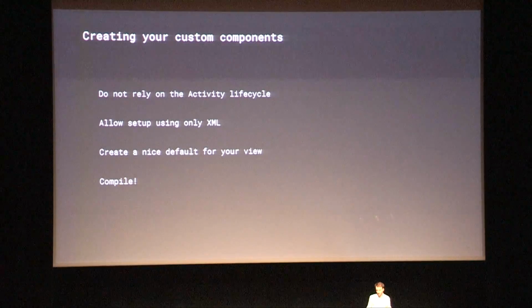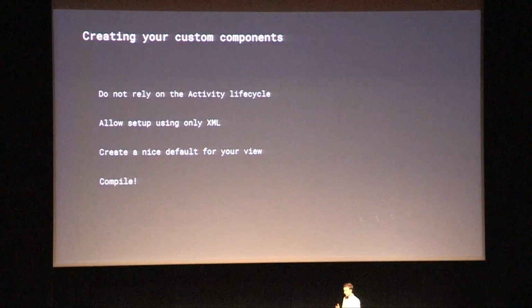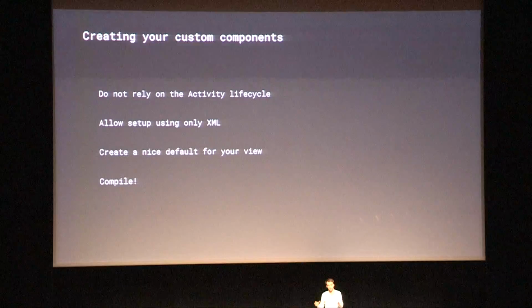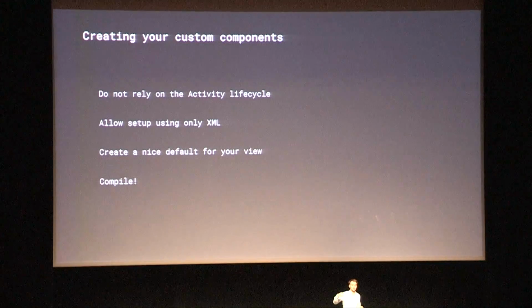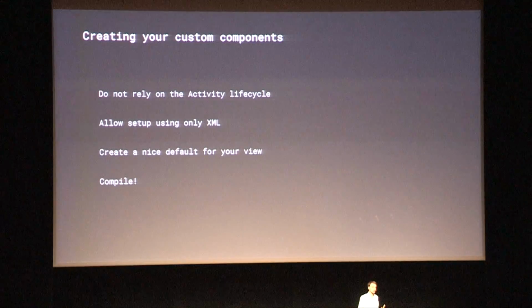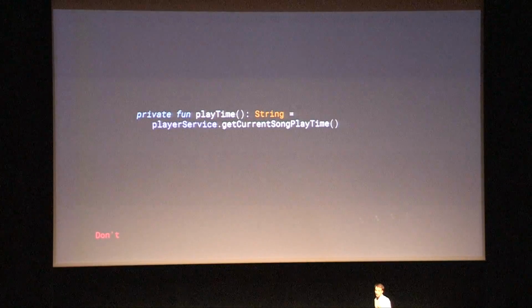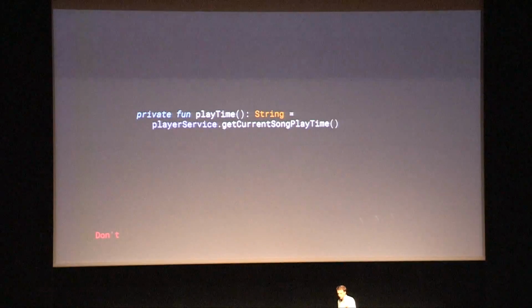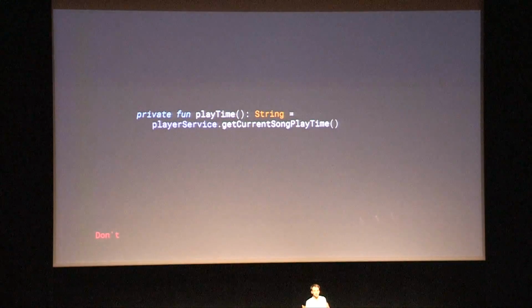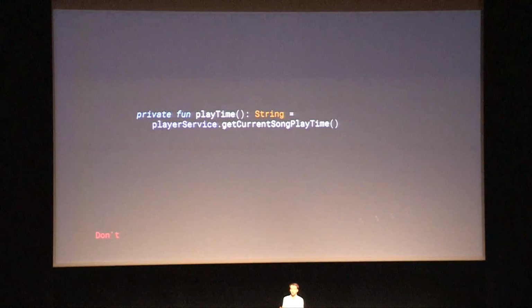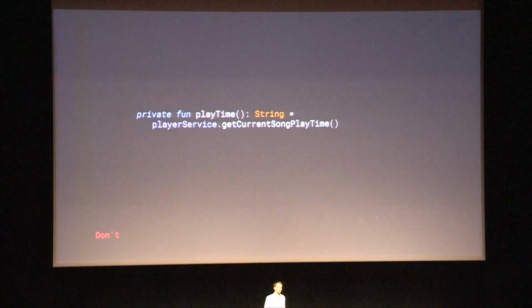And when I say defaults, that's what I was saying before: provide a way for the layout editor to branch out of the calls to your services or other things that might not be called within the layout editor. So here, for example, we have our playtime method in our view, and this delegates to the player service. The player service doesn't exist in the context of the layout editor, so we'll end up with a null pointer exception.